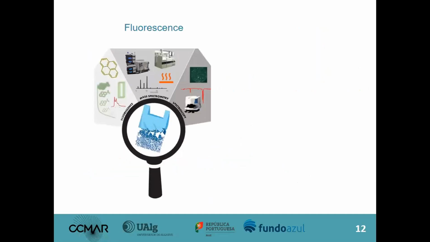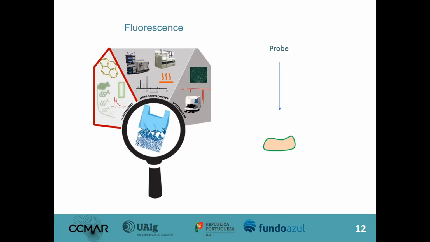Okay, now moving to the fluorescence part. How does fluorescence work? For the analysis of microplastics, usually you choose a probe, a fluorescent and lipophilic probe, and you add it to your sample, which is mostly in a polar environment.